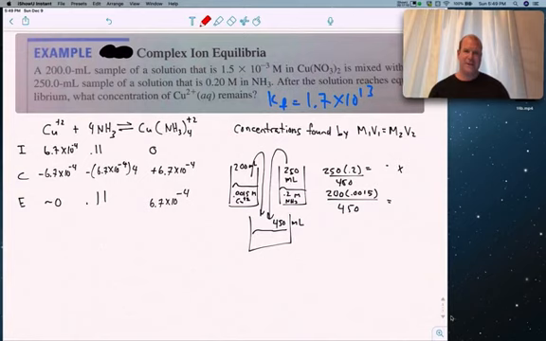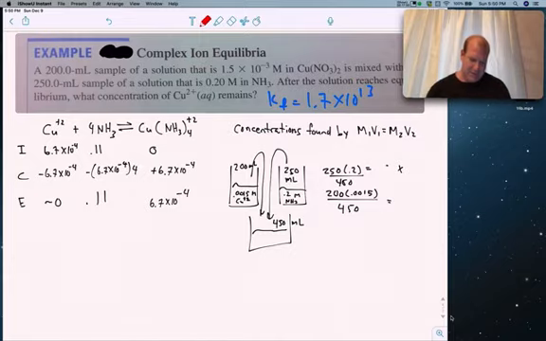Okay, so let's do an example with these complex ion formations. We have 200 milliliters of a solution that's 1.5 times 10 to the minus 3 molar in copper nitrate, mixed with a 250 milliliter sample that's 0.2 molar in ammonia. After the solution reaches equilibrium, what concentration of Cu2+ aqueous remains?